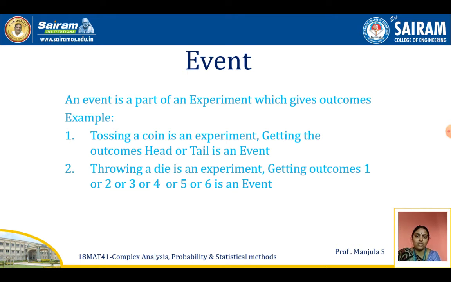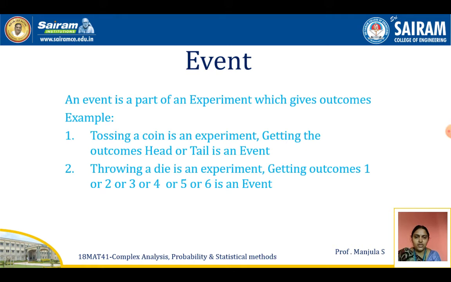That is the example I mentioned here. Similarly, one more example: throwing a die is an experiment. If you throw a die, what are all the chances of getting the outcome? It may be 1 or 2 or 3 or 4, 5, 6.